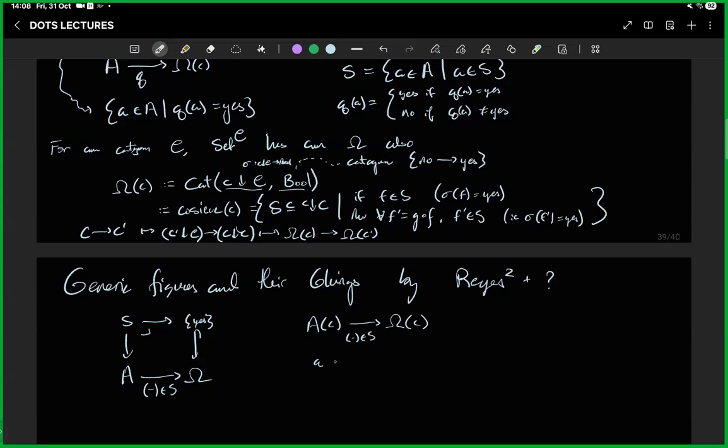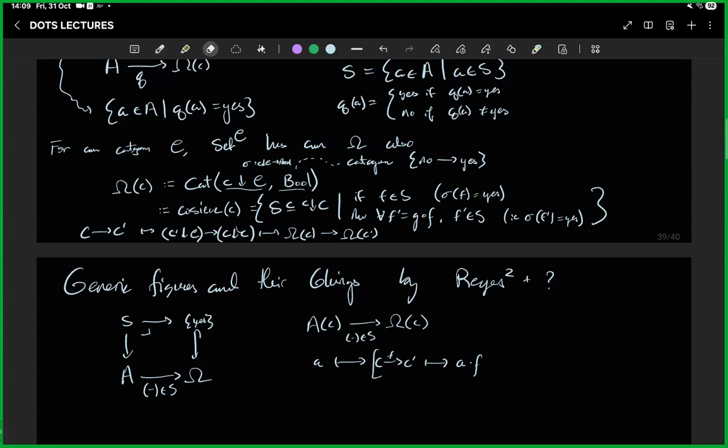So if I take an A in here, now I need to take a map out of C, a function, and now I need to give you something in bool. Well, what can I do with my A, which lives in A of C, and a map F out of C going into C prime? There's sort of an obvious thing, which is I can act on it.